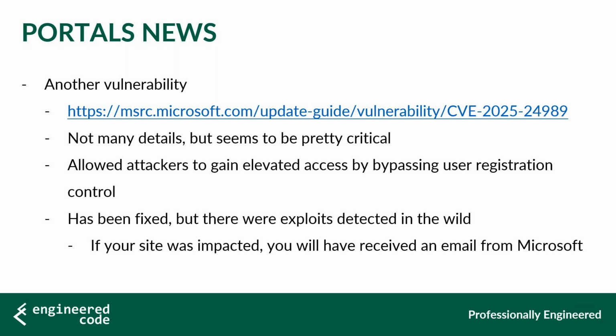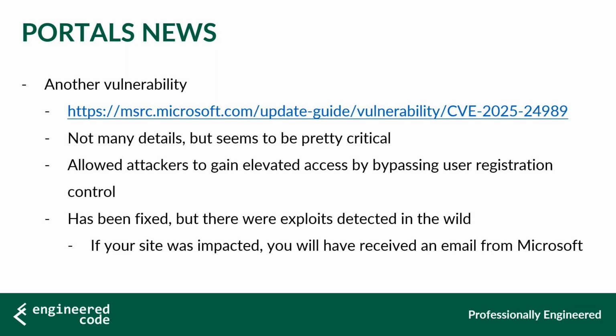So this has been fixed. They have closed that gap, but there were exploits detected in the wild. So this wasn't just in theory someone could do this. I'm assuming based on logs and such, they could tell whether attackers had actually been using this on your site. So if your site was impacted, if they have the records to show that someone used this vulnerability to get into your site in an unauthorized way, I believe you should have received an email from Microsoft with the details.